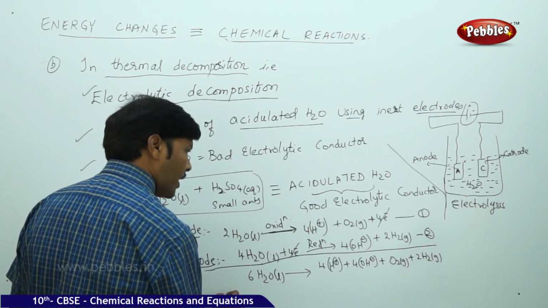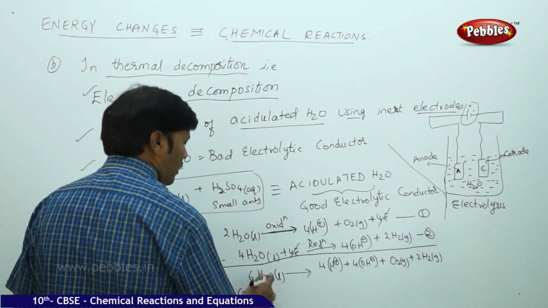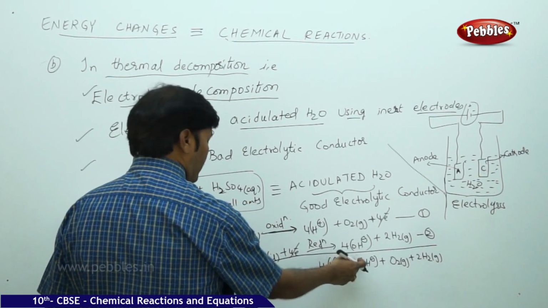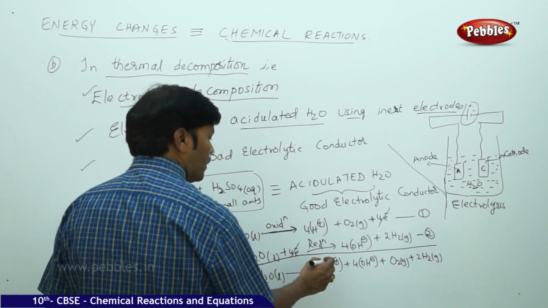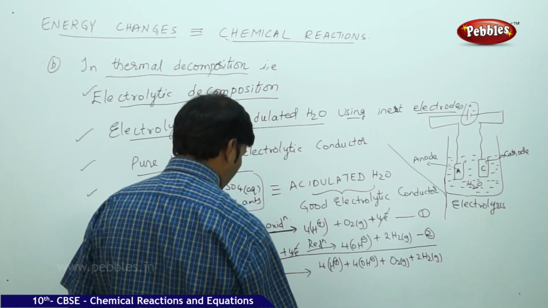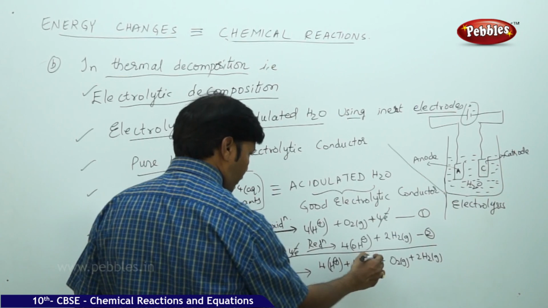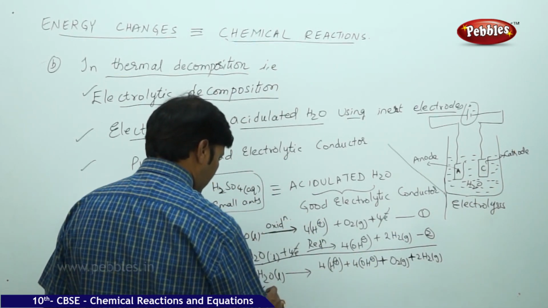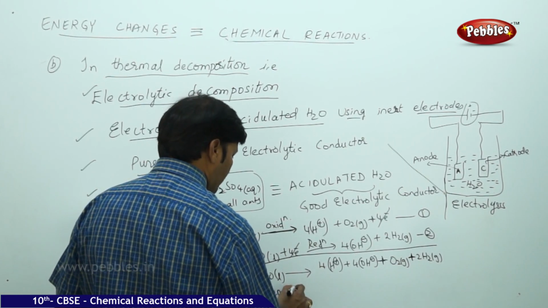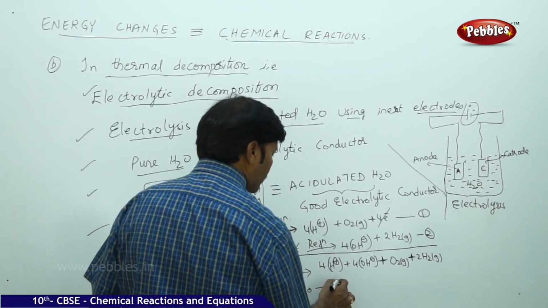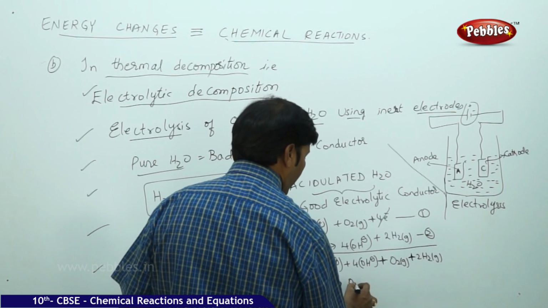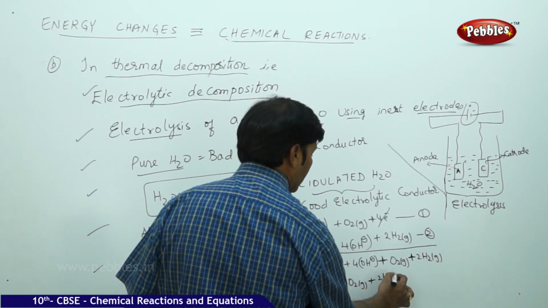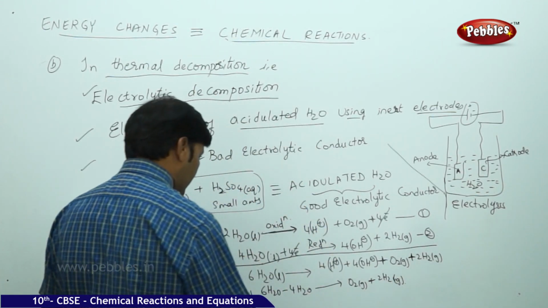Because we have 4H plus ions and 4OH minus ions, which together form 4H2O, I'll write this as 6H2O minus 4H2O giving rise to O2 gas plus 2 moles of H2 gas.